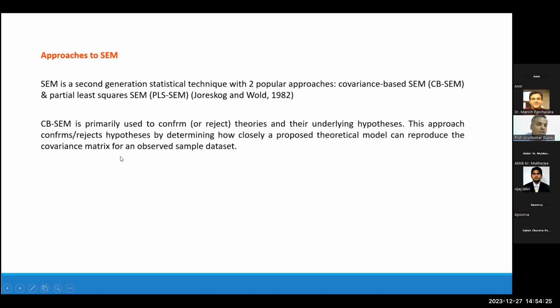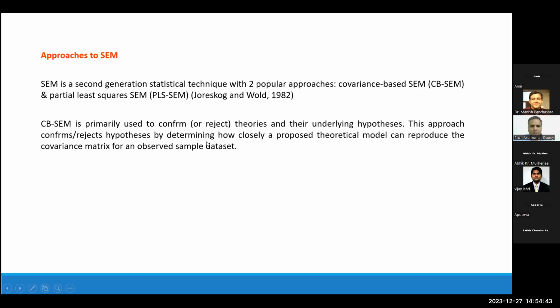That's why this approach confirms or rejects hypotheses by determining how closely a proposed theoretical model can reproduce the covariance matrix from an observed sample data set. If your goal is to confirm or validate a theory, people go for CB-SEM.